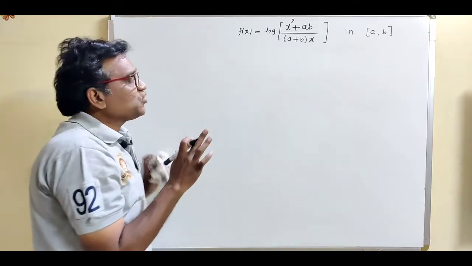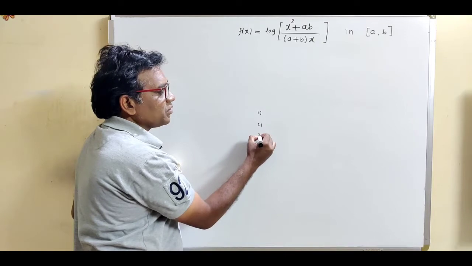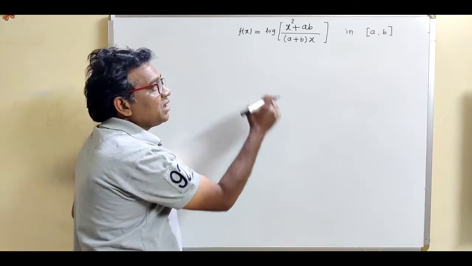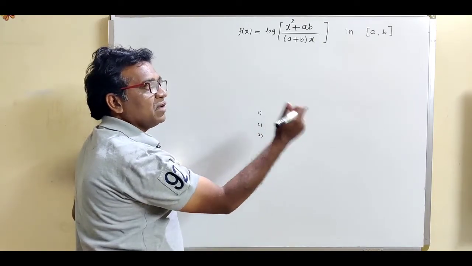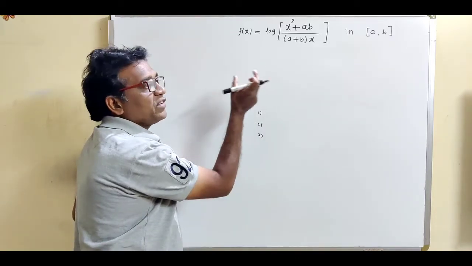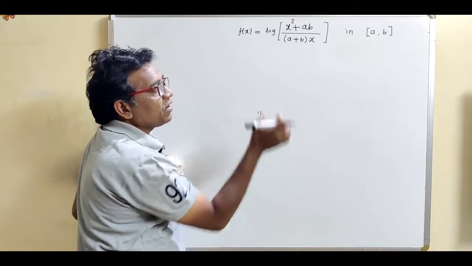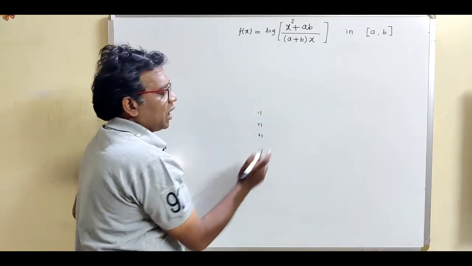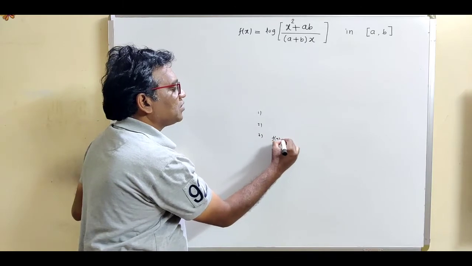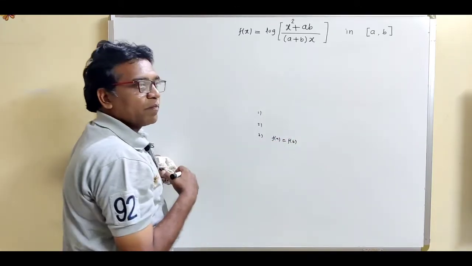See, verification of Rolle's theorem means we have to verify first of all these three conditions. Whether the given function is continuous in the given interval [a, b], check whether the given function f(x) is differentiable or not in the open interval (a, b), and verify the third condition, about the equality of the function, f(a) equal to f(b).